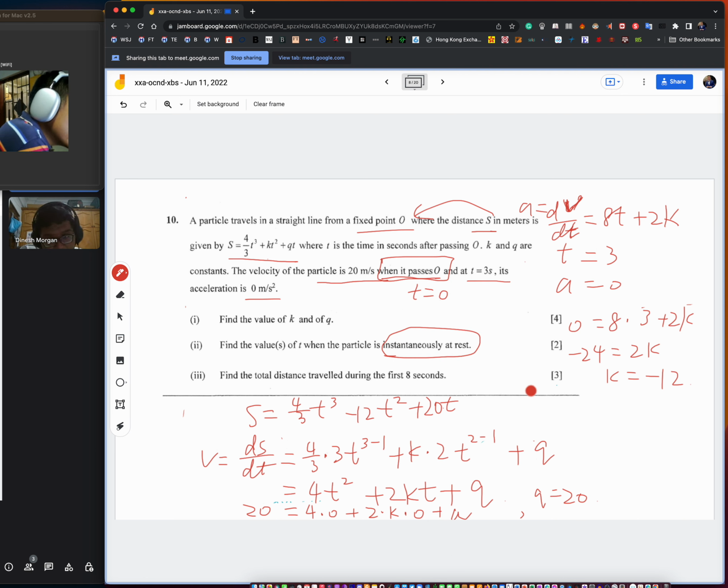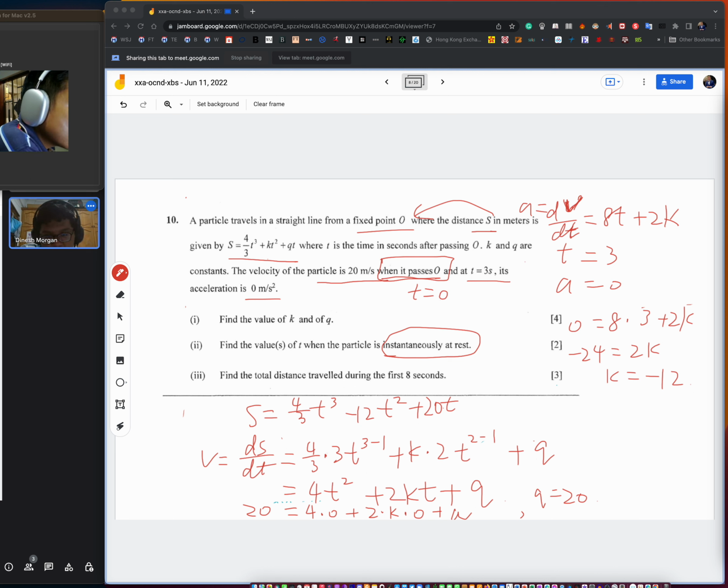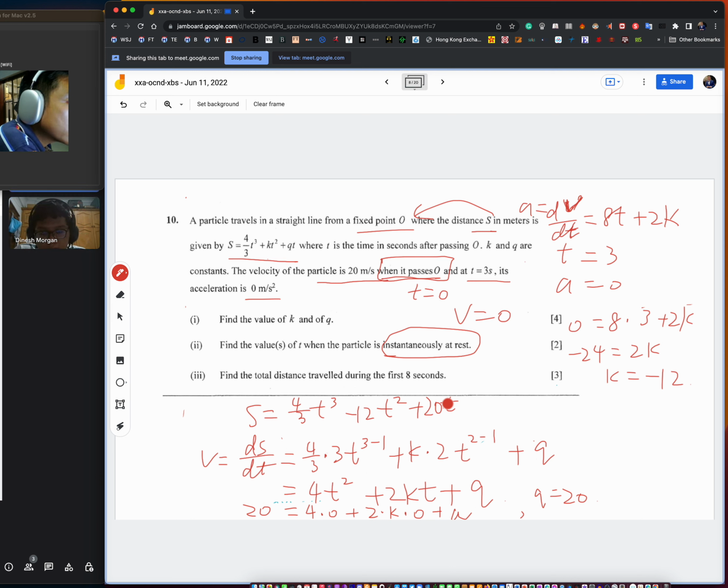What's the meaning of instantaneously at rest? Instantaneously at rest, I thought, is when the velocity is equal to 0. So instantaneous rest means velocity is 0. When acceleration is 0, it means there is no change in velocity.